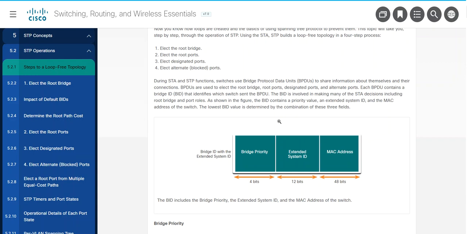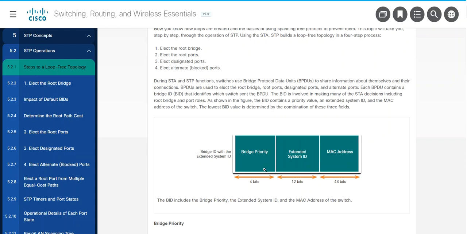The BPDUs are used to elect your root bridge, the root ports, the designated ports, and the alternate ports. And they contain information about the bridge ID that identifies which switch sent the BPDU. So the bridge ID is involved in helping to make the decisions in the spanning tree algorithm.